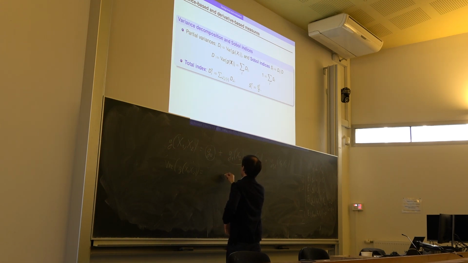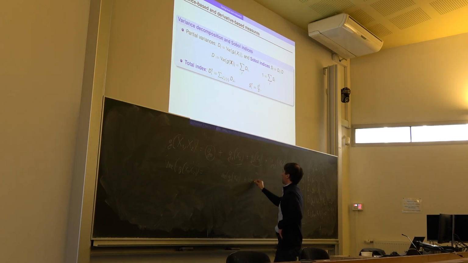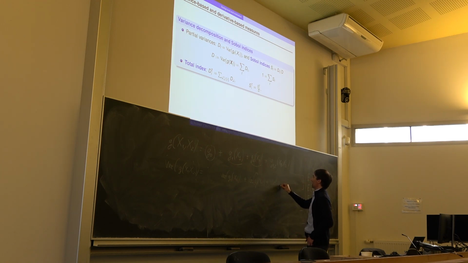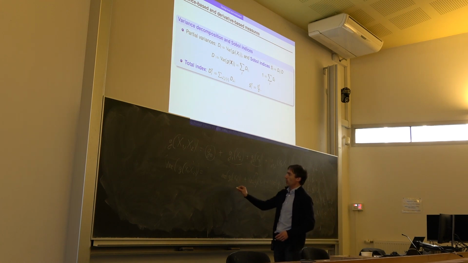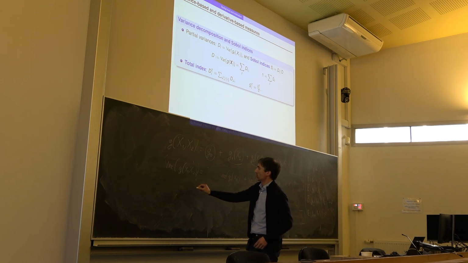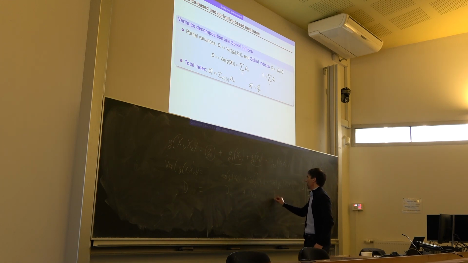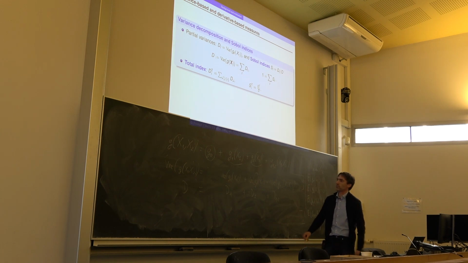You get the variance of this one. So we call it D1. So D is D1 plus D2 plus D12.